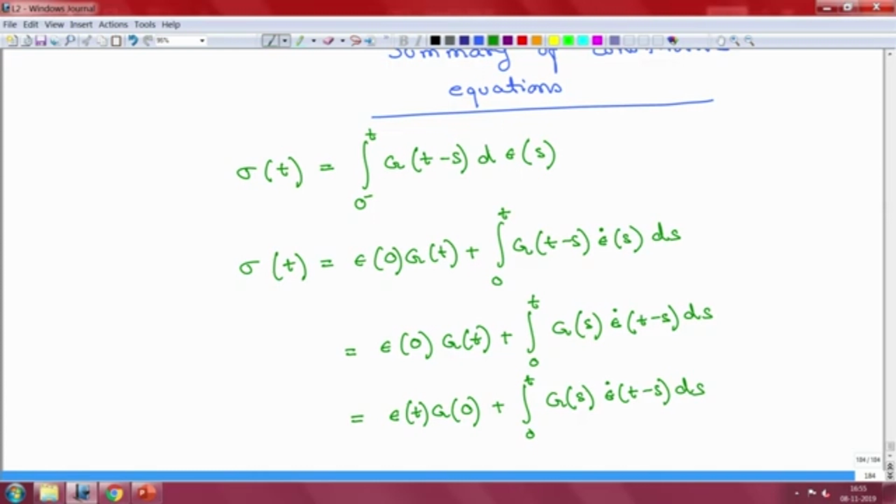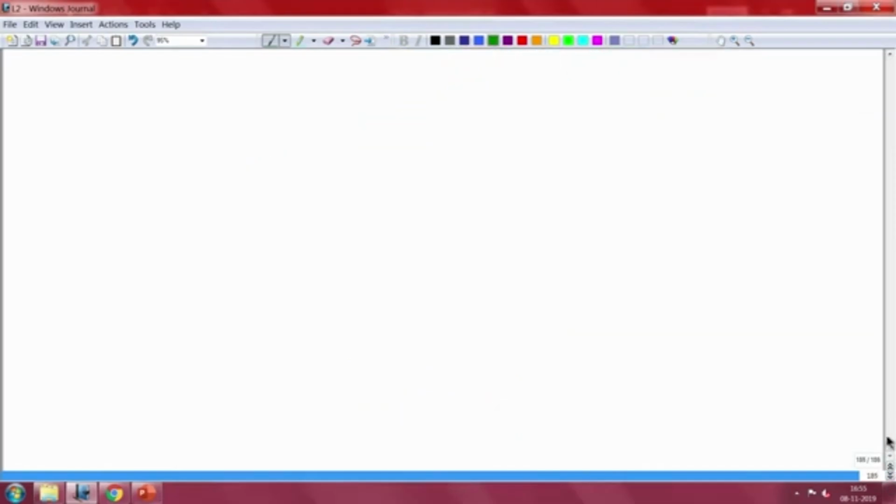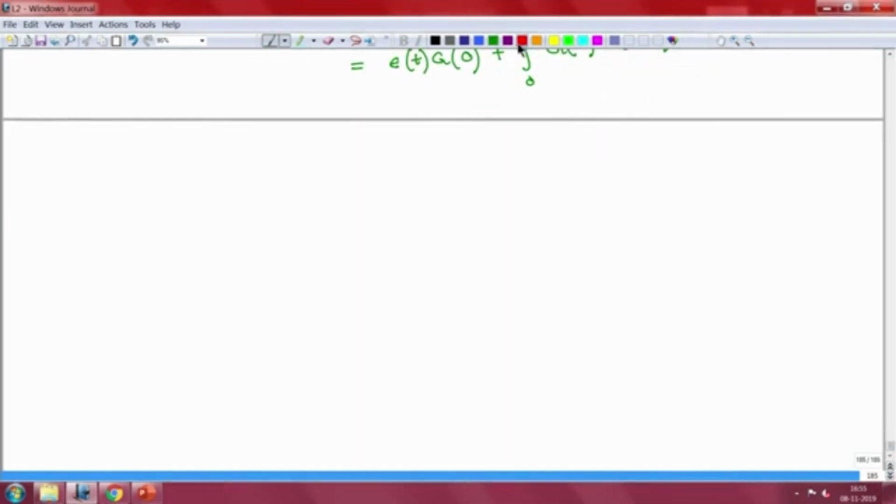So, similarly you will write it for the creep compliance function, right. So, maybe I will just write one of them.